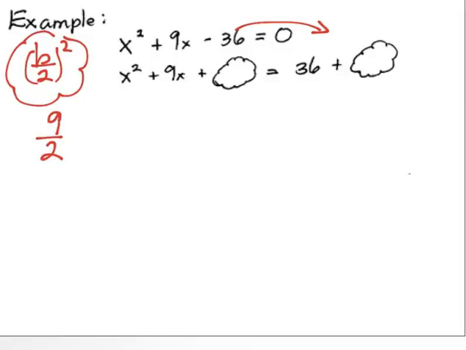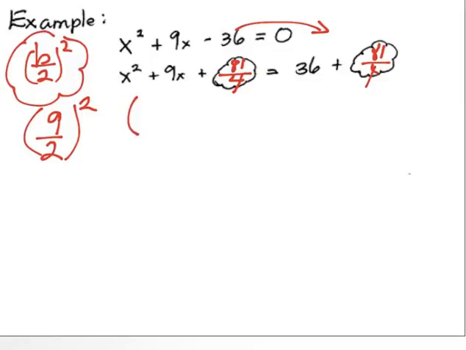Your instinct will be to change it into a decimal. Don't. And then 9 over 2 squared. Well, that's really easy. That's 81 over 4. You mean it's just 9 squared is 81, and 2 squared is 4. Oh, I get it. Okay, so that's 81 over 4.